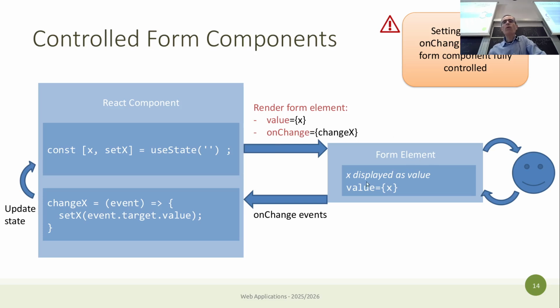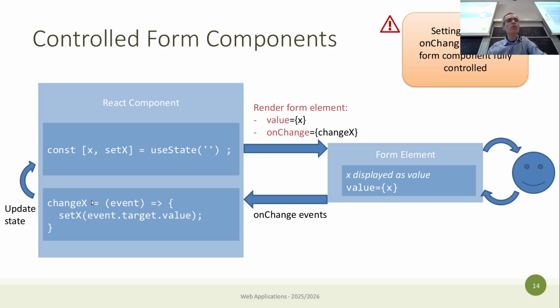And so for the form element, x is just displayed as the value, and this also means that if you don't update the value, React will continue rendering the form element with the same exact value, x. So you type and nothing changes, because React will continue rendering with the same value.